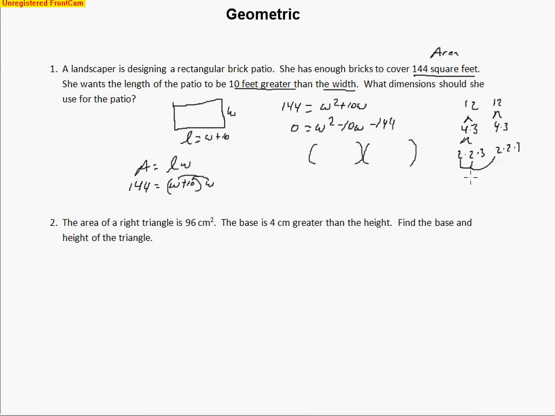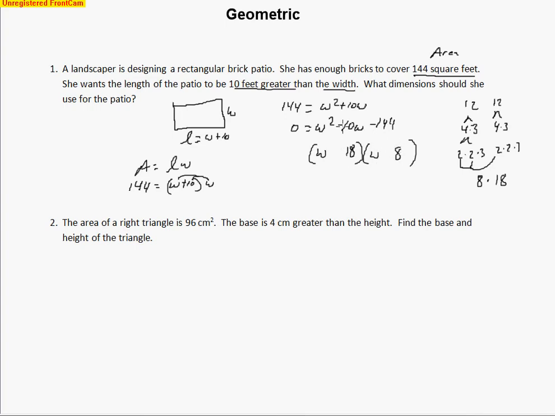I'm going to take 3 of them, and I end up with 8, and then I'll take the other numbers, the 3 and the 2, that makes 9, and 9 times 2 makes 18. So 18 times 8 also makes 144, and those numbers will subtract to make 10. So W and 18, and W and 8.